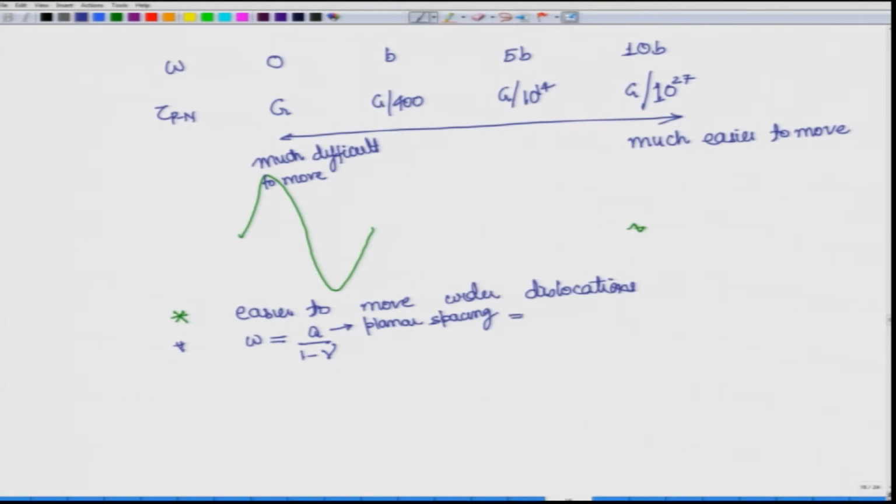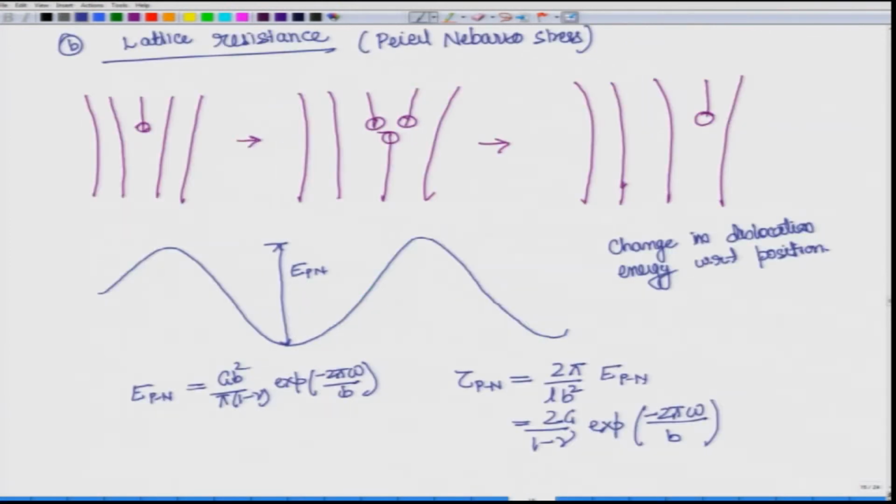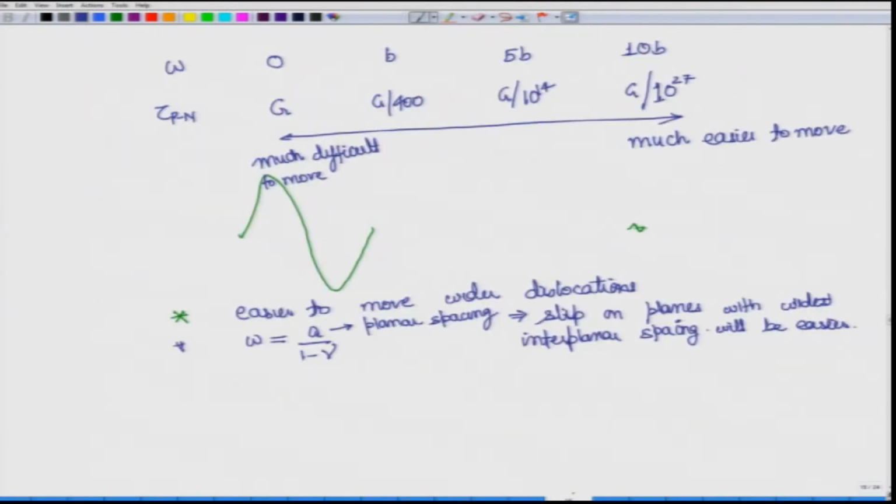So, what it is implying is that slip on planes with widest interplanar spacing will be easier, because W is equal to A by 1 minus nu, where A is the planar spacing, and we saw from this equation that this is in the exponential minus 2 pi W. So, you want W to be larger, so that tau Pn can be smaller, and this W will be larger when A is very large, which means that planes with the widest interplanar spacing will be easier.